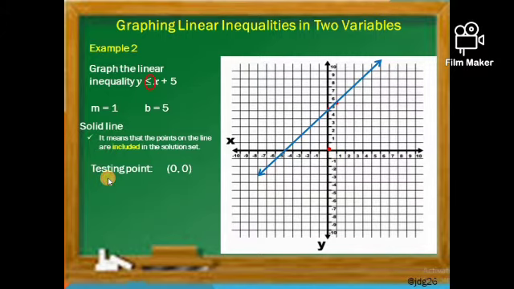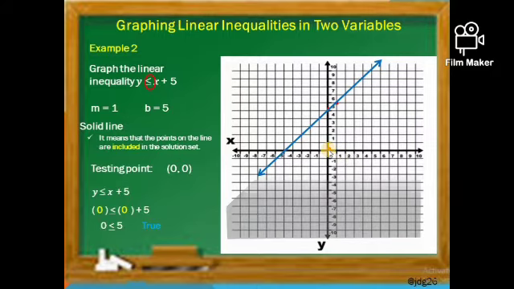Ito yon. And then substitute natin sa original na given, which is y is less than or equal to x plus 5. Palitan natin ang y ng 0 at yung x ng 0 din. And then simplify. So we have 0 is less than or equal to 5. Is this true? Yes, it is true. So ibig sabihin, ang kailangan lagyan ng shade ay yung part kung saan makikita ang point na 0, 0 at eto yun. And this is now the solution.